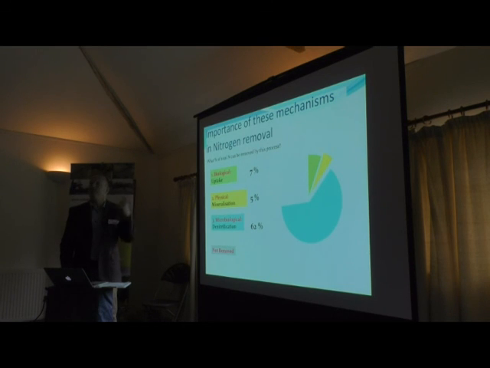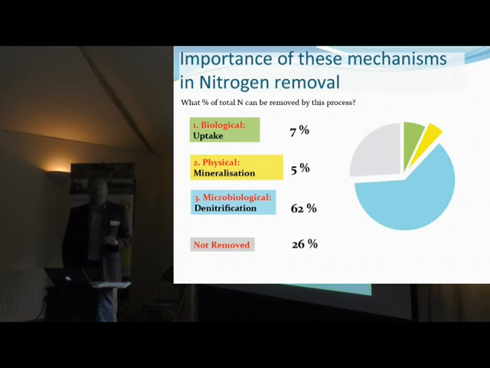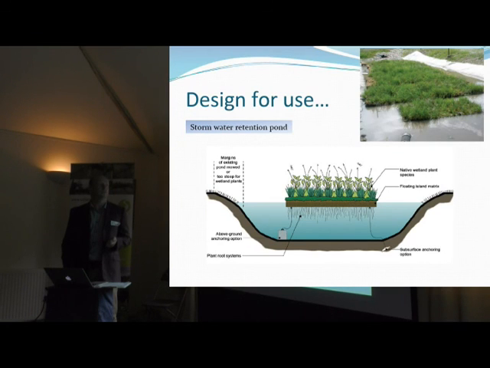So that's dependent on the root surface area. You want a high surface area for your floating media, and also the right conditions within the basin. Okay, so you've got about 26% not removed as well.